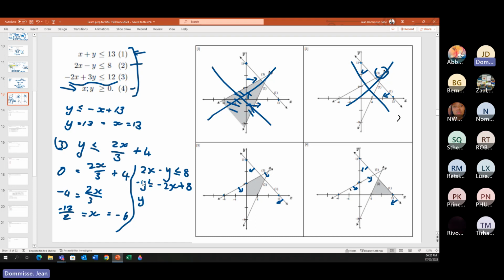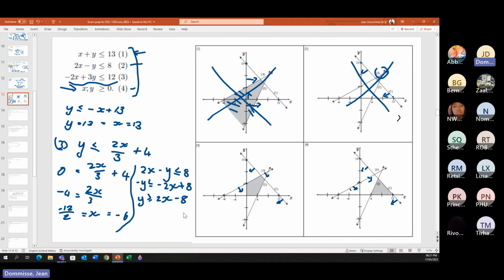So I multiply by minus 1. When I multiply by minus 1, the rule is that my inequality needs to swap around. So now suddenly your y is bigger or equal to 2x minus 8.